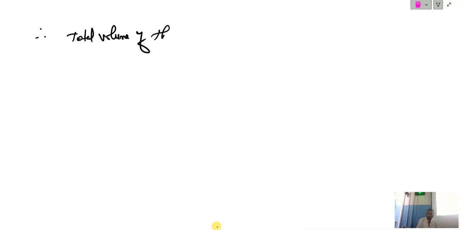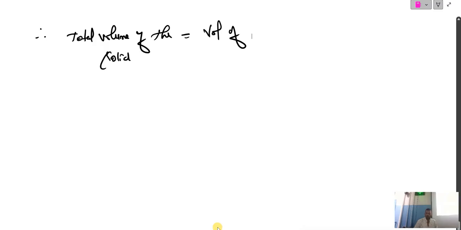Therefore, total volume of the solid is equal to volume of cylinder plus volume of cone.